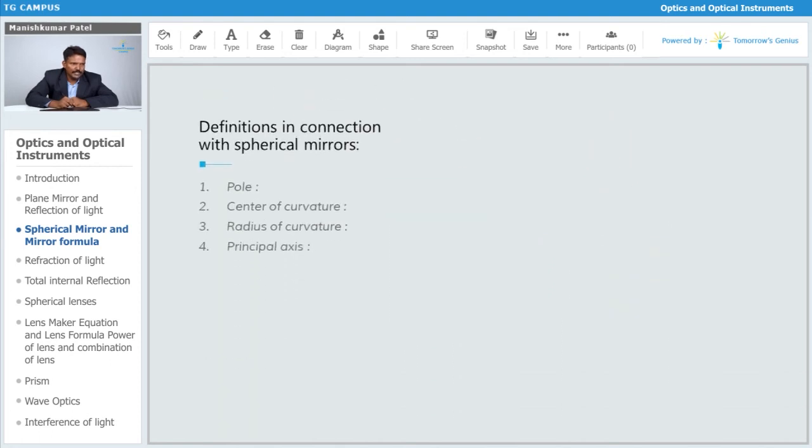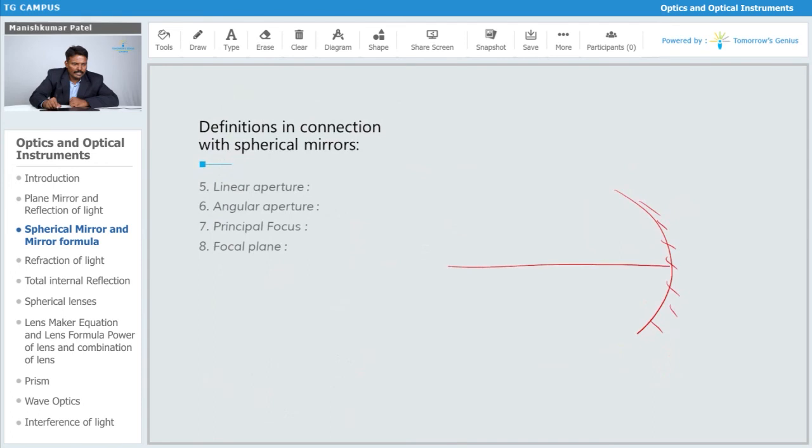The next one: so this is pole, center of curvature, radius of curvature, principal axis, then focal plane. Obviously it is a plane.